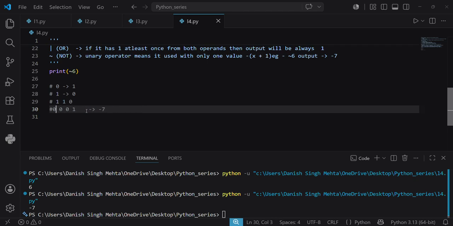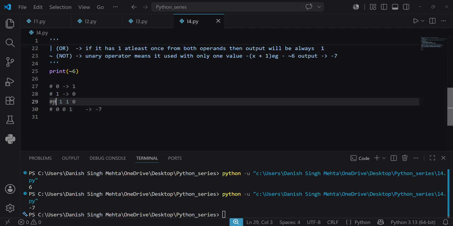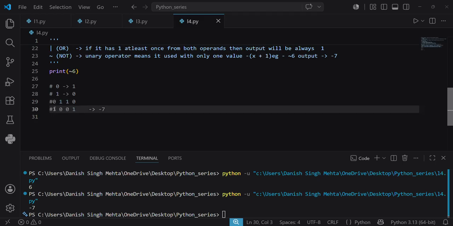so if you see this, this is how we write 6: 1, 1, 0. 4 plus 2 plus 0 is 6. Now here we have applied the NOT operator. We have converted 0 to 1 and 1 to 0. But on the left side also, there is 0 present. Then it will be converted to 1.